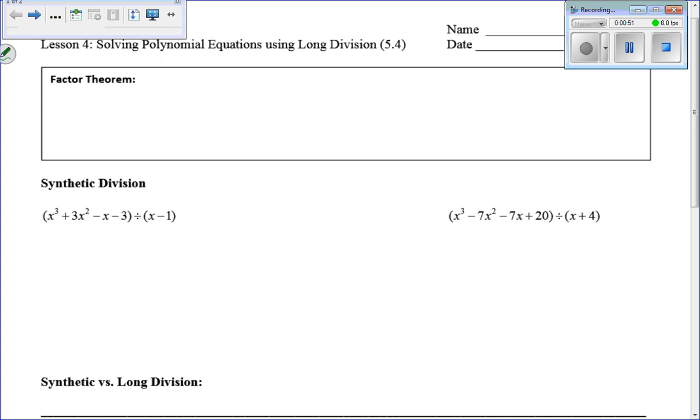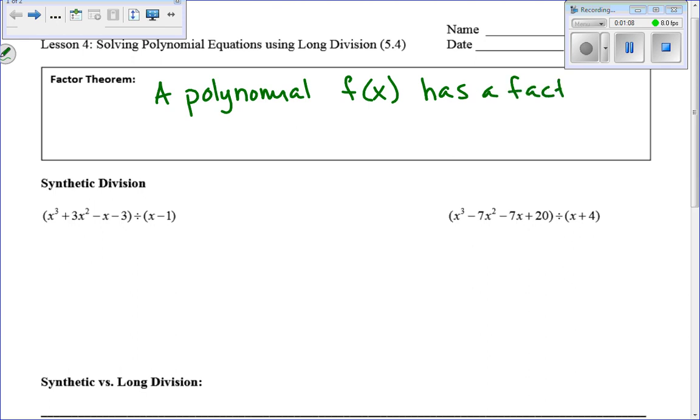So, anyway, all right, factor theorem: a polynomial f of x has a factor x minus k if and only if f of k is equal to 0.